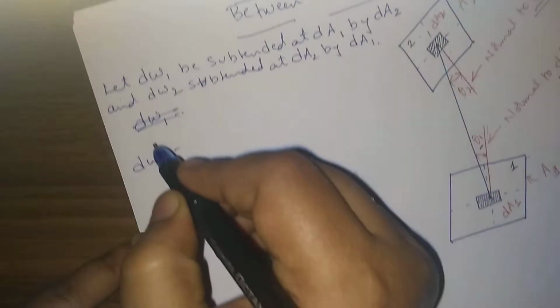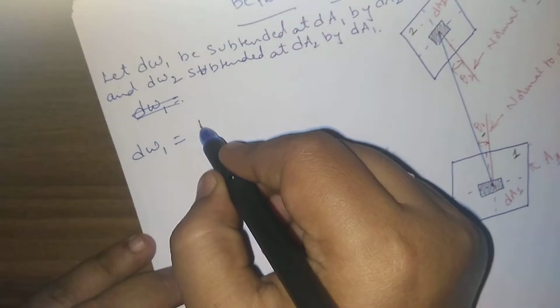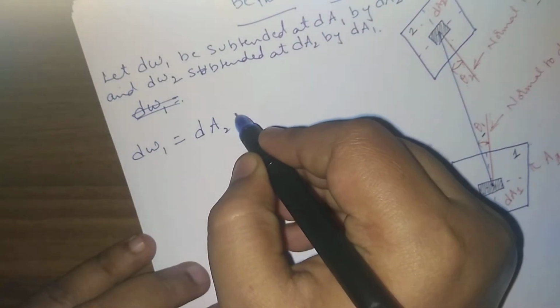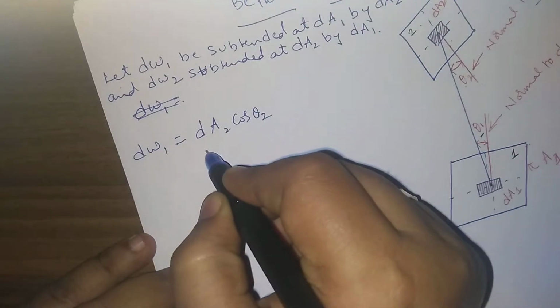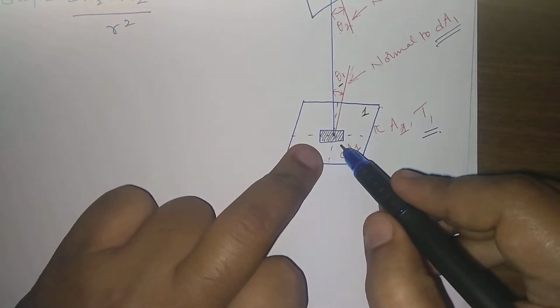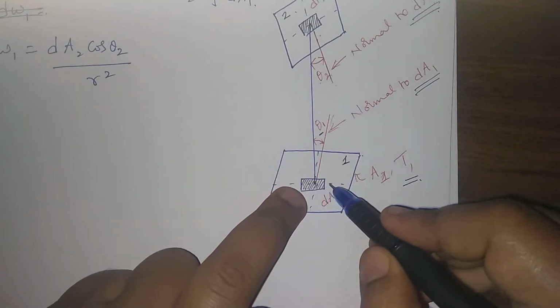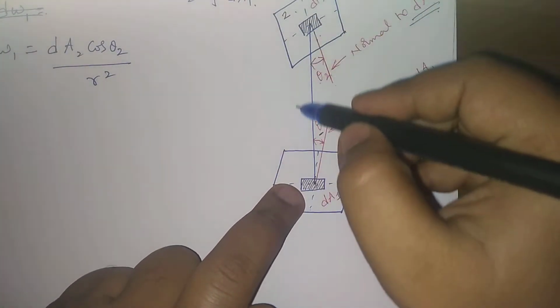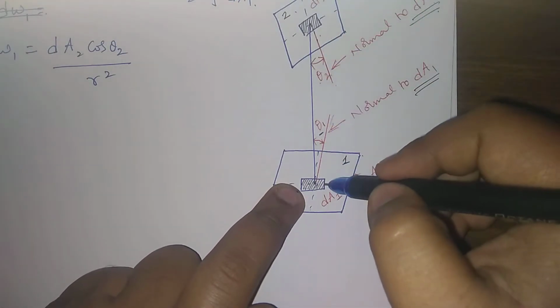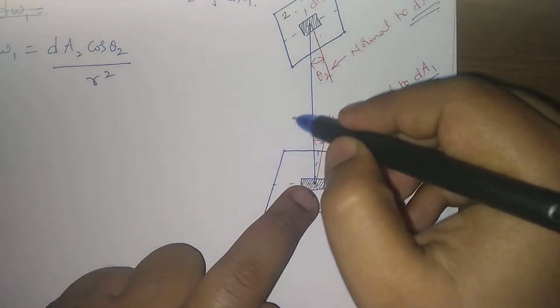So mathematically d omega 1 is equal to what? dA2 cos theta 2 divided by r square. It is very simple. Suppose I want to find out d omega 1, so on this dA1, join all these things and from this draw a sphere.